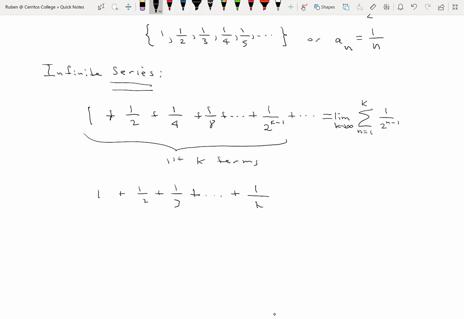Let's say up to the kth term would be plus 1 over k, and then we continue from there, plus ... and we write this as the limit as the number of terms becomes infinite, as we add more and more and more terms, of the sum of 1 over n ranging from 1 to that kth term. Okay, so again, we would be looking at adding up the first k terms, just as before, and then taking the limit as the number of terms approaches infinity.